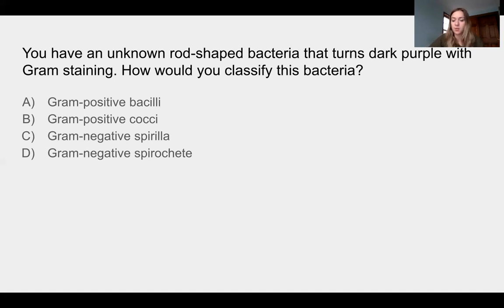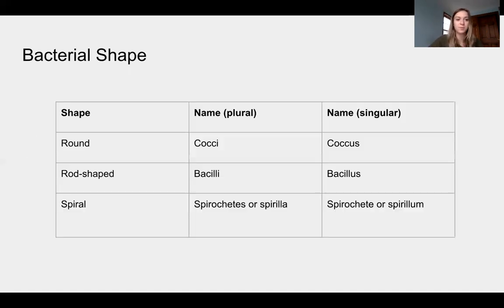All right, so assuming that you've answered the question now, I will show the answer, which is A, it's gram-positive bacilli. We'll talk about what gram-positive versus gram-negative means and all these different shapes too.